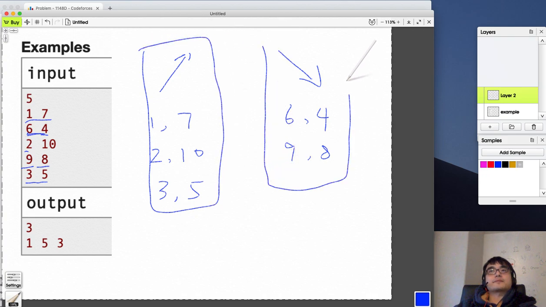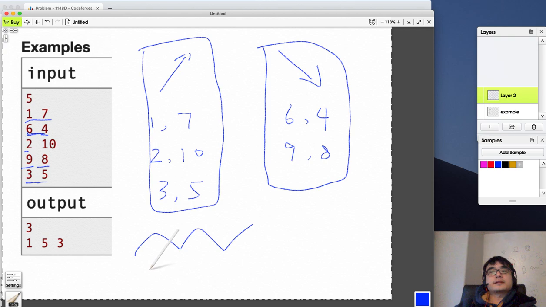And we can be sure that if we want to get a zigzag array, we have to choose only one set of number pairs.